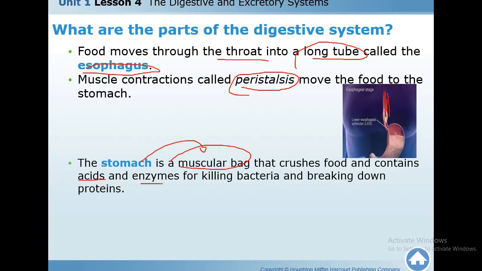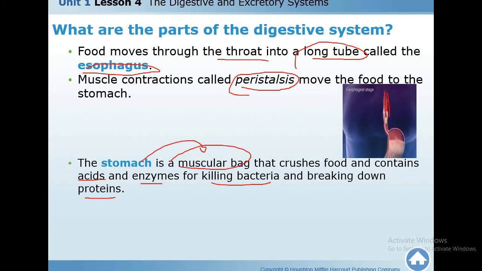The function of acids and enzymes is killing bacteria and breaking down proteins. When you eat food, sometimes inside the food there is bacteria. So the function of the acid and enzyme inside the stomach, like in this picture, is to kill this bacteria and break down proteins.